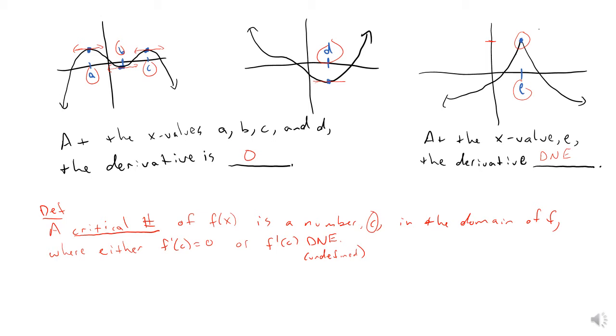Okay, so take a second, look back at these graphs, and see if you can find another critical number. It's one that's not marked or labeled, but if you look at the graphs, see if you can find somewhere that satisfies one of these two conditions, either the derivative being 0 or the derivative not existing. I'll give you a second to do that.